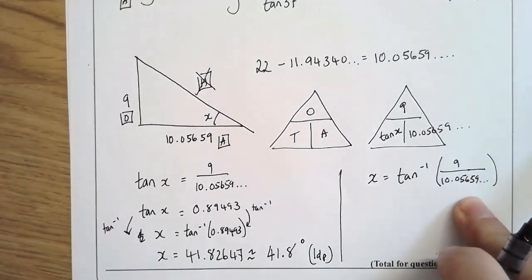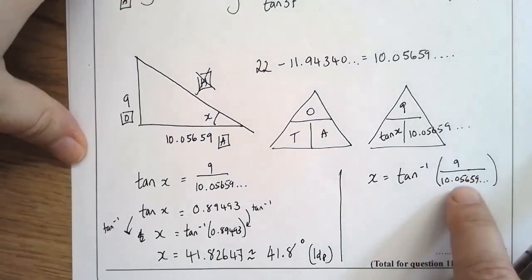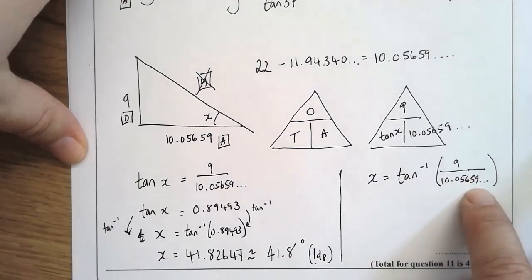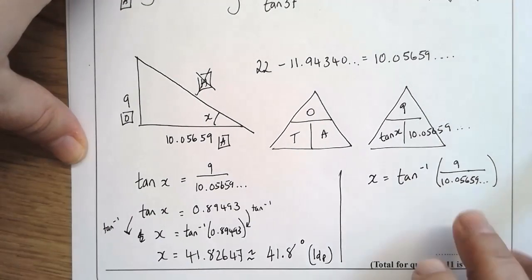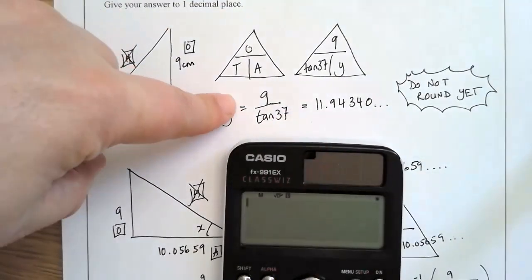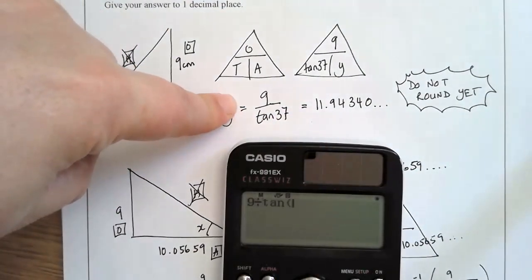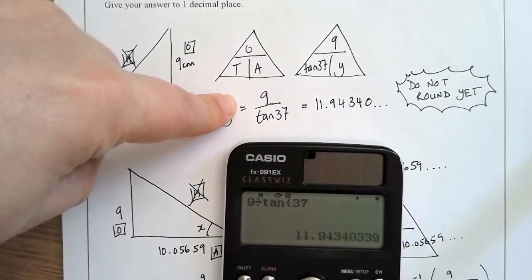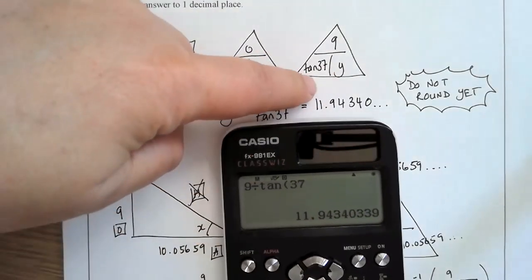I'm not going to go through them right now, but what I am going to do is find this number again, because I don't like using this number just typed into my calculator. So I'm going to go right up to here, and I'm going to type in 9 divided by tan 37, which gives me that answer here.